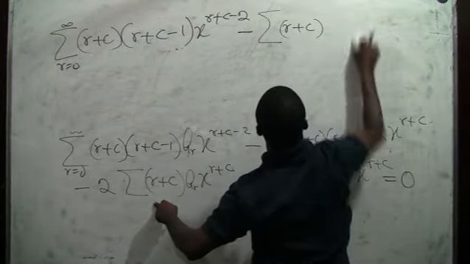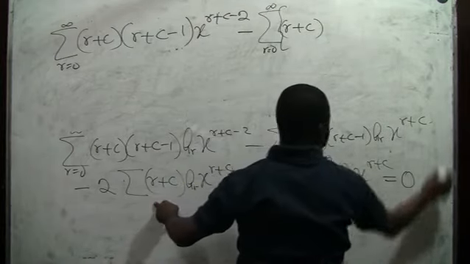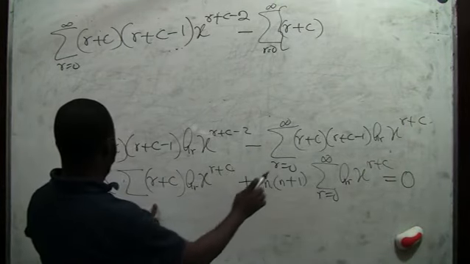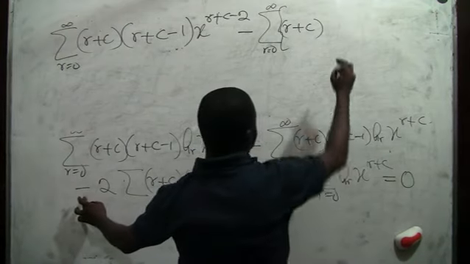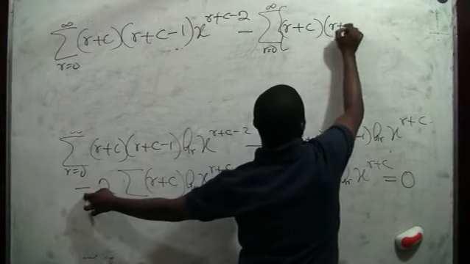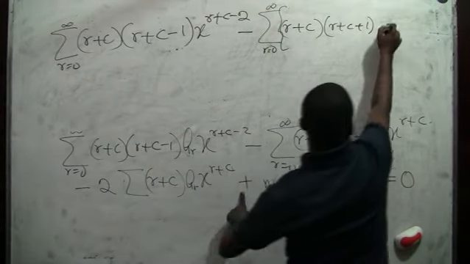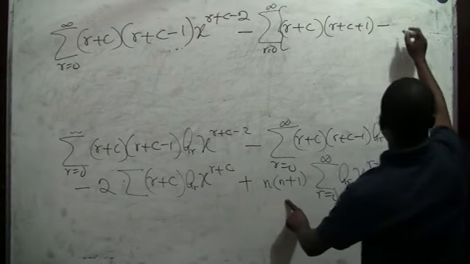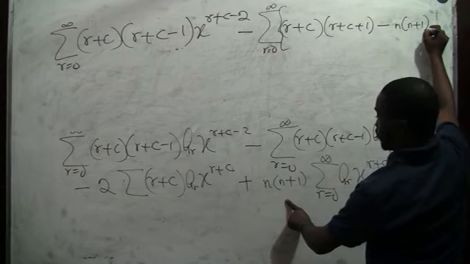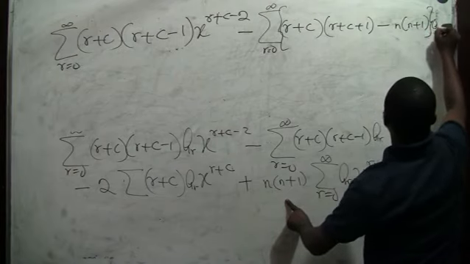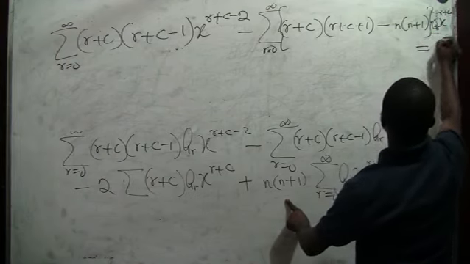Let's write it this way, with a bigger bracket from 0 to infinity. R plus c, then we are left with r plus c minus 1 here, and we are left with plus 2 here, and that will give us r plus c plus 1. Then this is going to be negative because we have factored out a negative. That becomes n into n plus 1, everything a r x to the power r plus c equals 0.